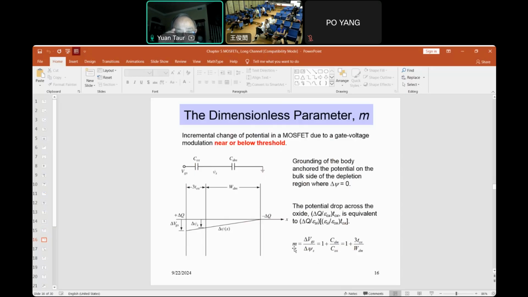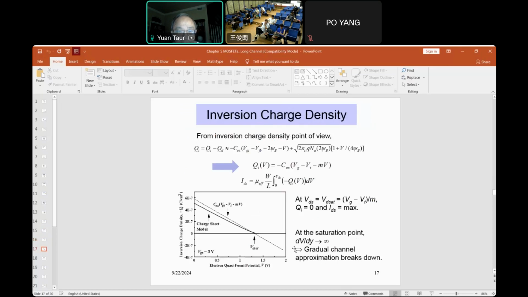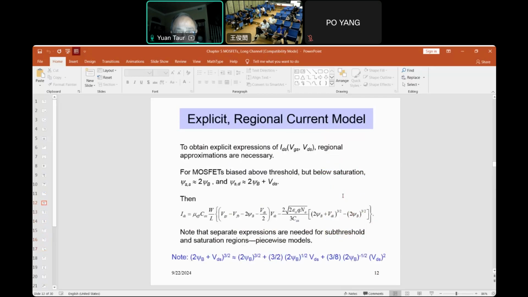You will see M in MOSFET models and many places. But let's look at the inversion charge density. From the inversion charge density point of view, Qi is a function of V. In the beginning of the charge sheet model, let's go back.